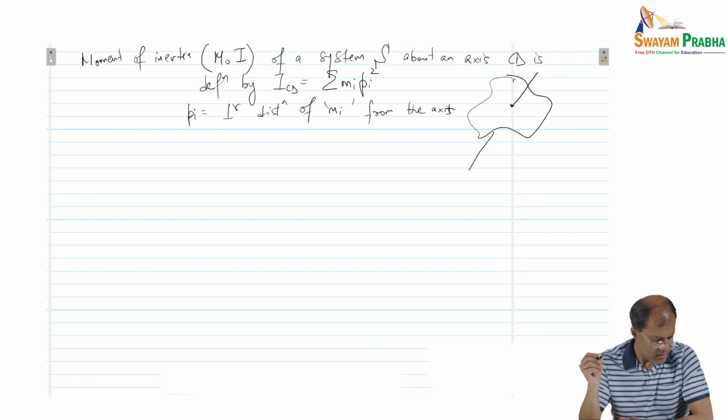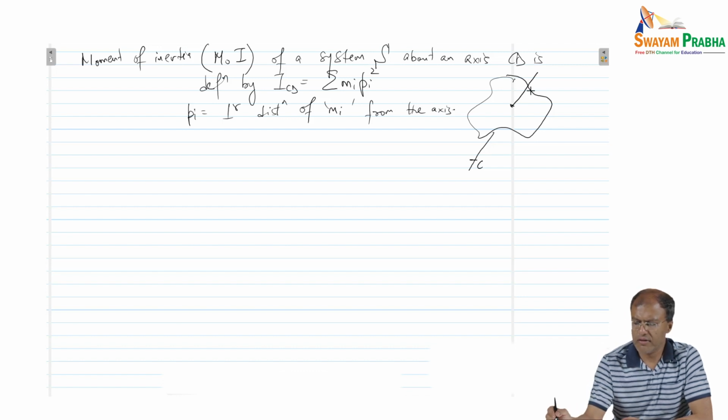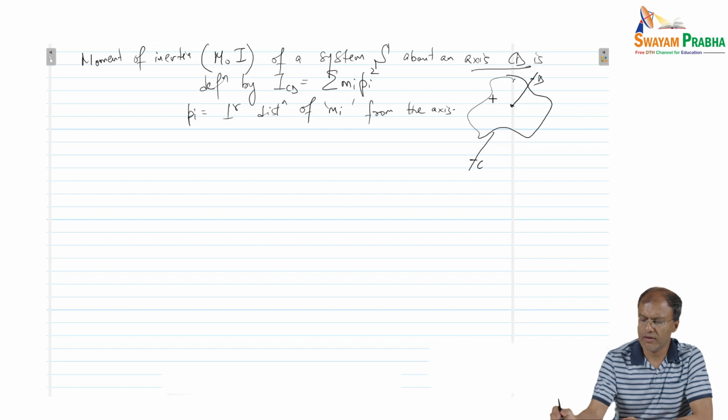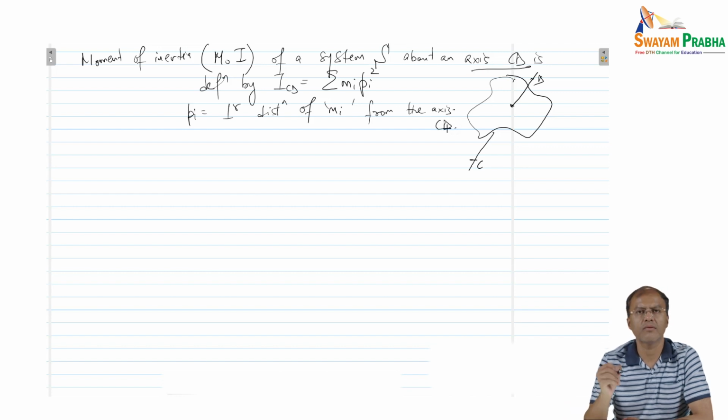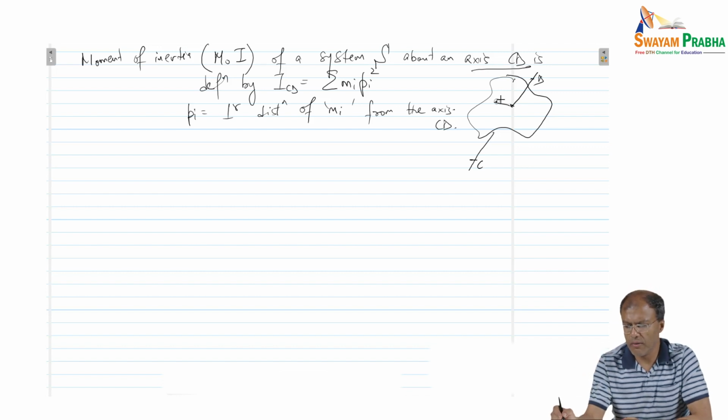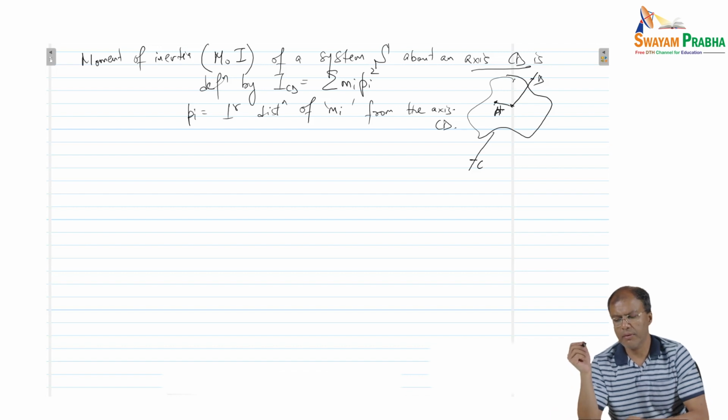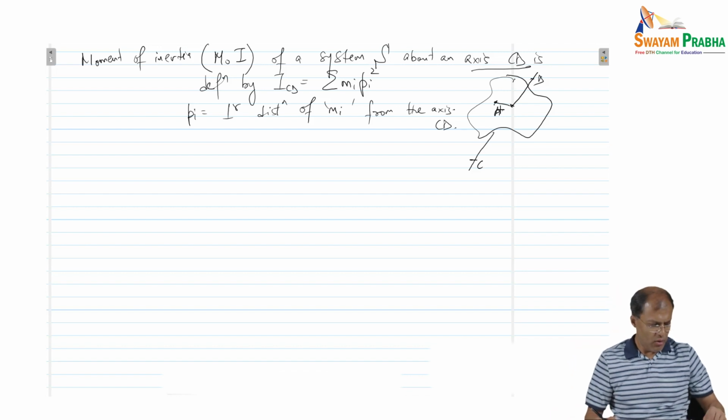Let's call this axis CD. So the particle P_i of mass m_i is located at a distance small p_i. So that's the perpendicular distance we are talking about, right?